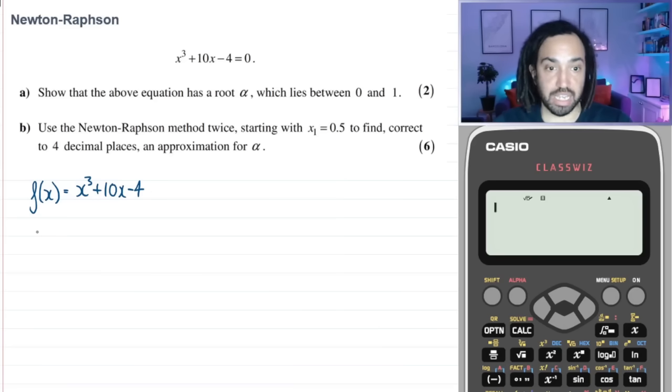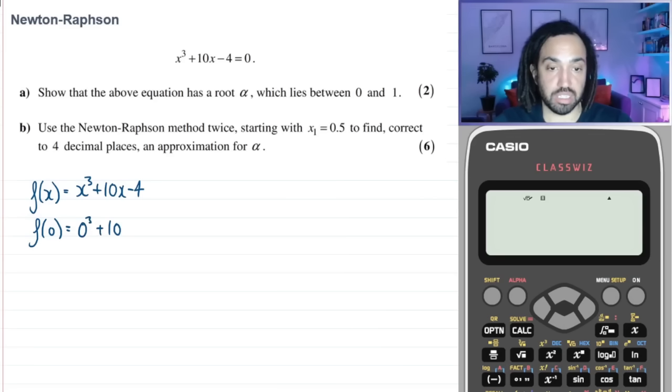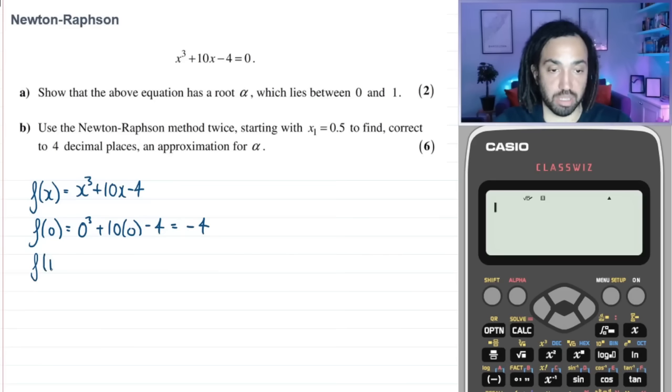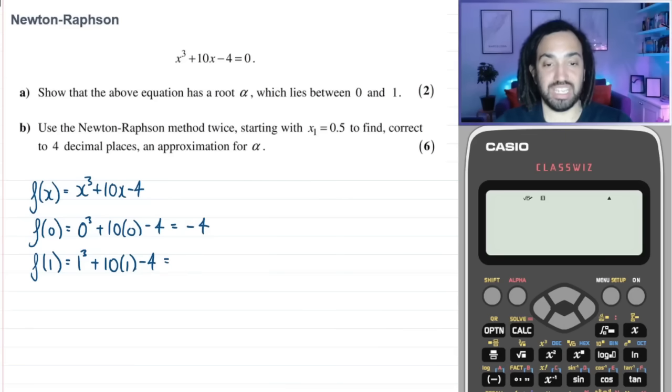And then, if there is a root, then when we sub in each of the values either side of the interval, what we should get is a change of sign. So this gives us minus 4 when we sub in 0, and then when we sub in 1, we get 1 cubed plus 10 times 1 minus 4, which is equal to 11 minus 4, which is 7.